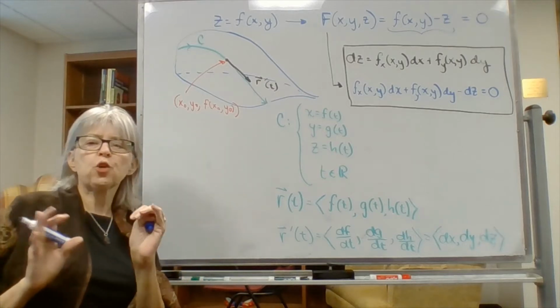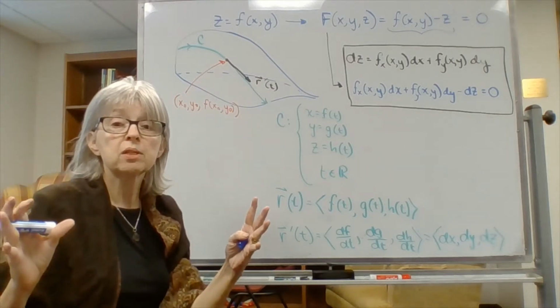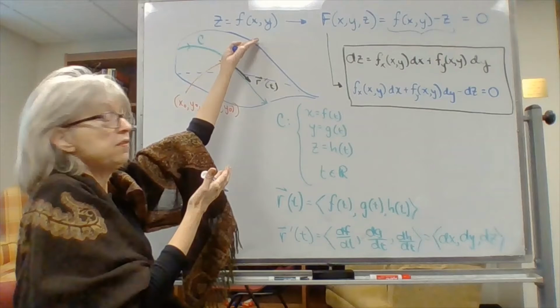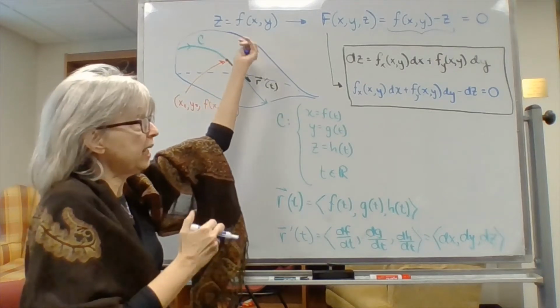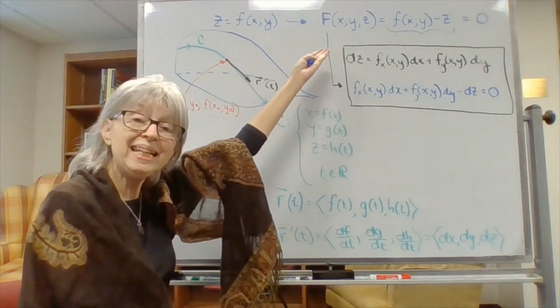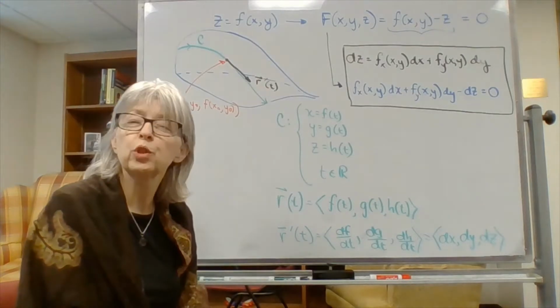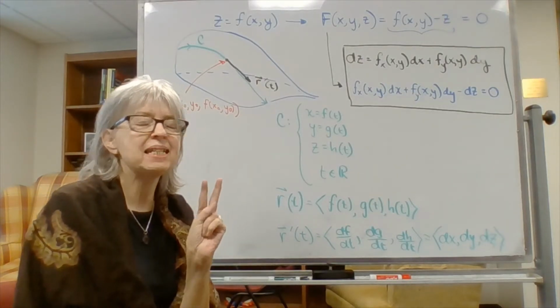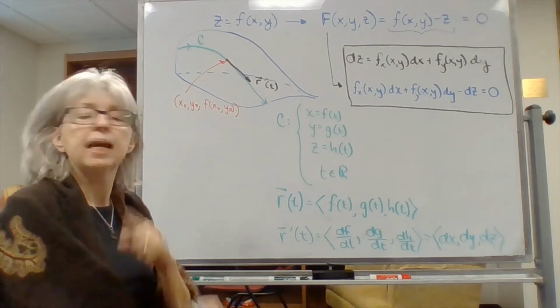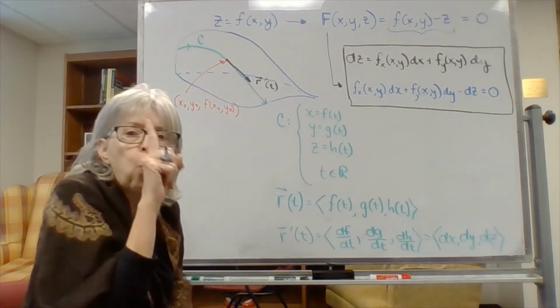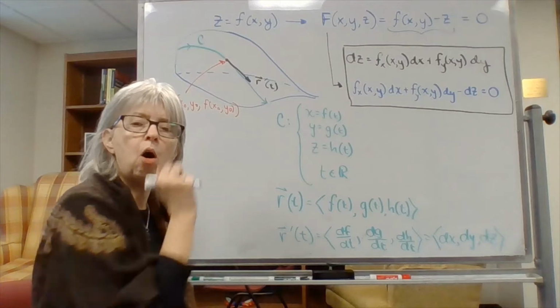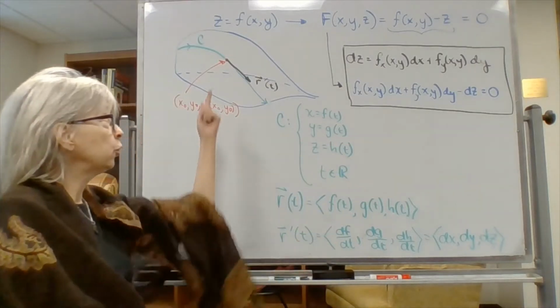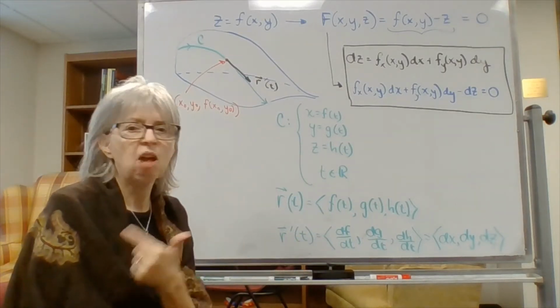So I've just described the entire surface with a 2D function, turned that 2D function into a 3D function that happens to be equal to 0 with that relationship between z and little f. And at the same time, I drew one curve on that surface through a point that I chose at random.